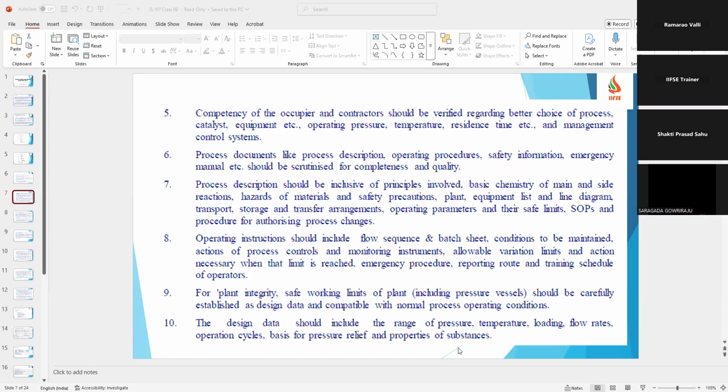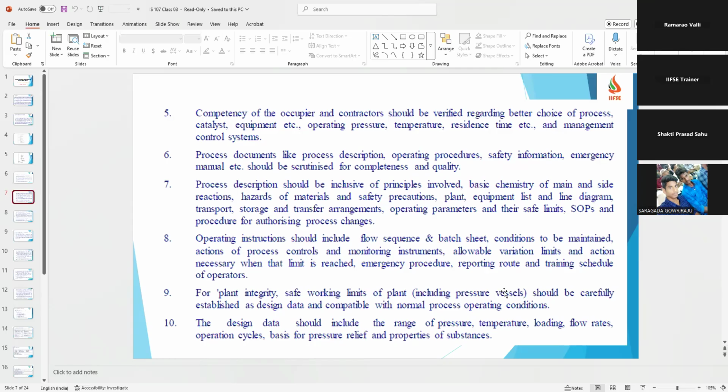In such cases, what can be done or what should be done, and also the reporting process or reporting route, and training schedules of the operators. Okay, all these things have to be put in place. Even the training is also very important.